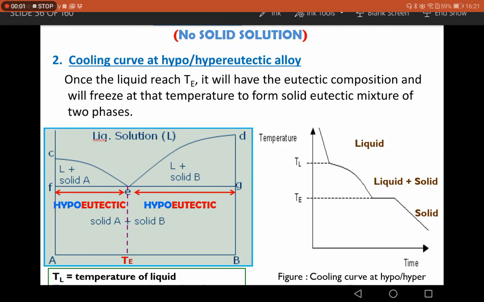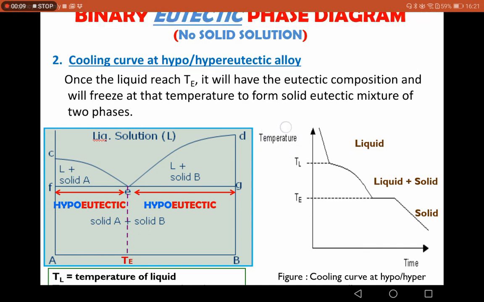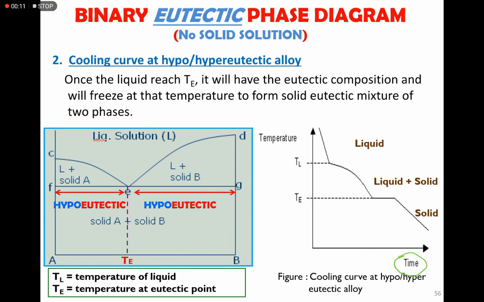How to draw the cooling curve for hypo and hypereutectic alloys? You have temperature and also time. This is the liquid region.